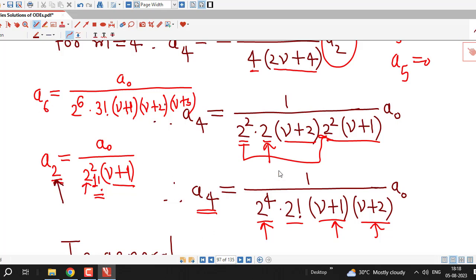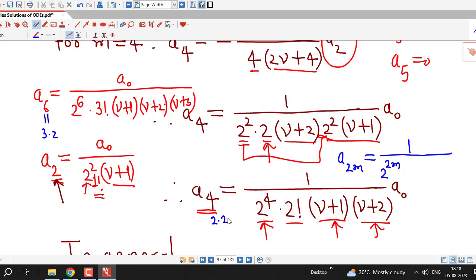So for that I can write this A suffix to M. Okay, and here if I want to write down for A suffix to M, suppose I have A4, then 4 means 2 into 2 and 6 means 3 into 2. Now if I have A4 here, I have 2 raised to 4. If I have A6 here, I have 2 raised to 6. So if I have A2M, then I will have 2 raised to 2M.